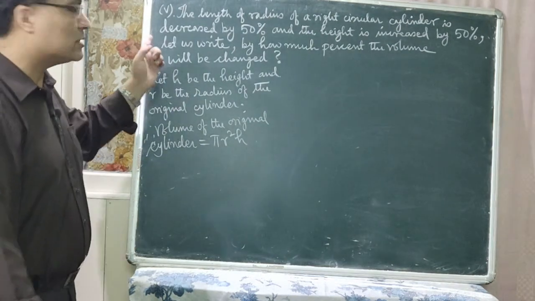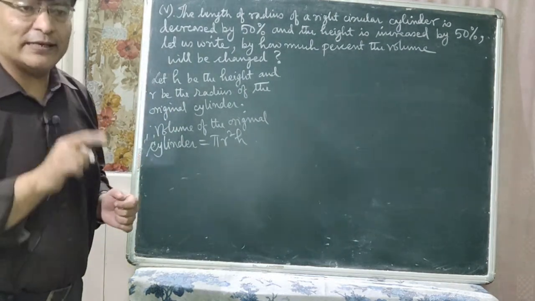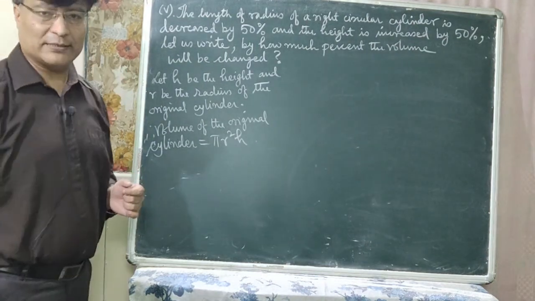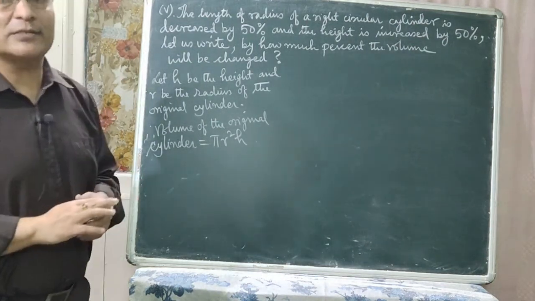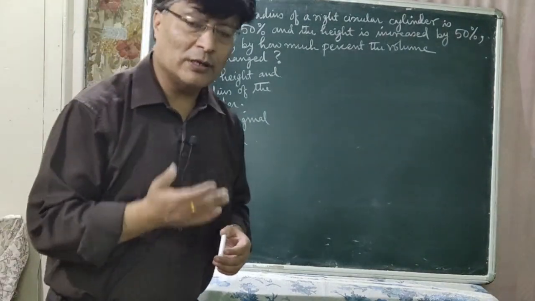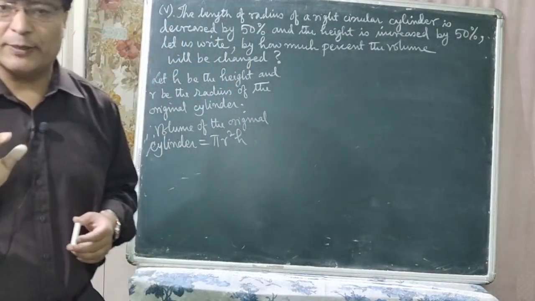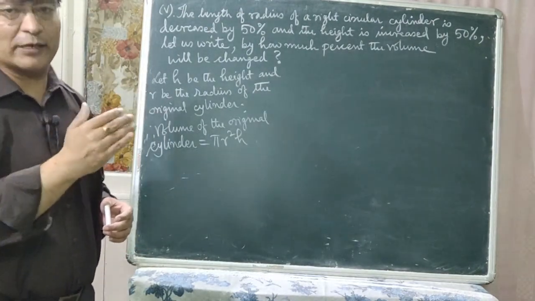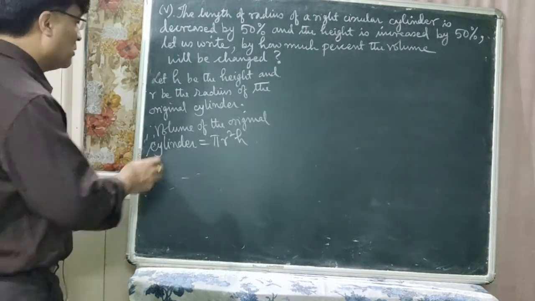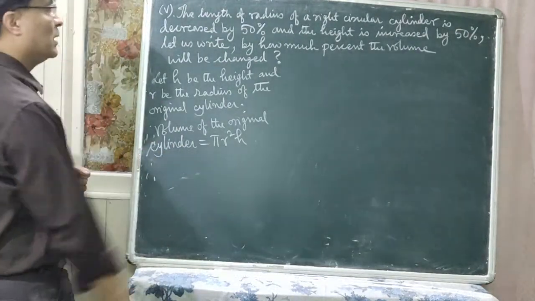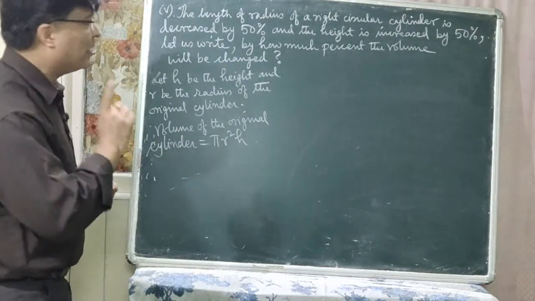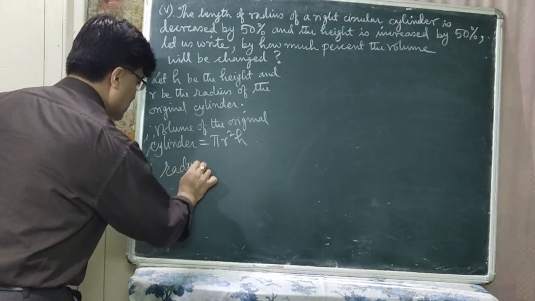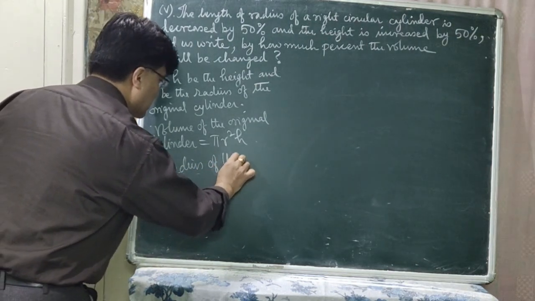Now in the question it is given that the length of the radius of the cylinder is decreased by 50%. Now for the new cylinder, by what percent did the radius decrease? It decreased by 50%. 50% means out of 100. So now let us write down the radius of the new cylinder.